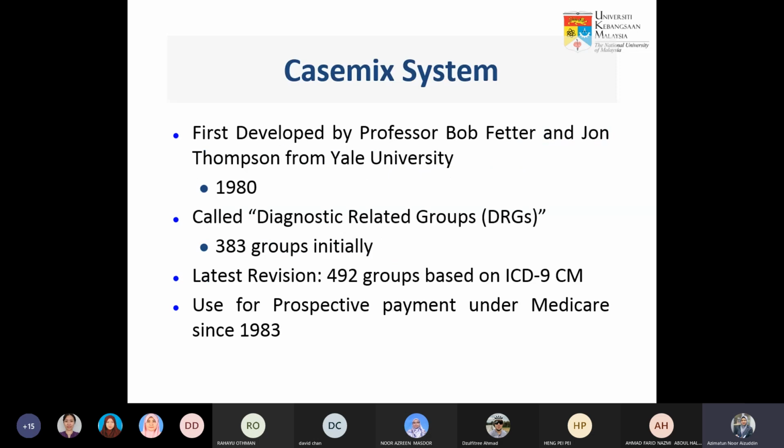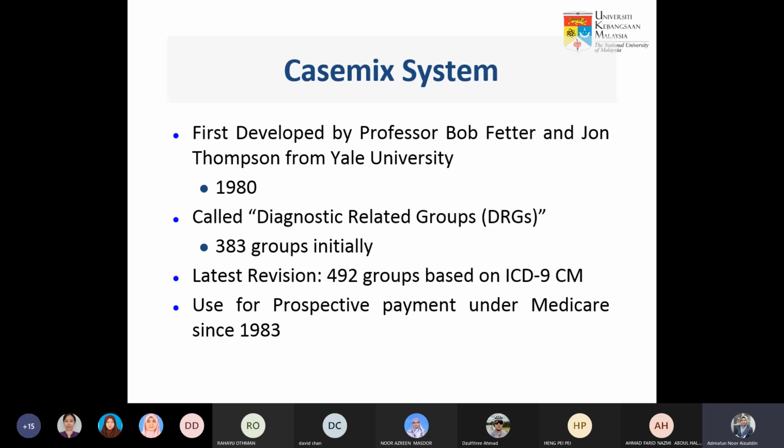The Casemix system was first developed by Professor Bob Fetter and John Thompson from Yale University in 1980. That was a long time ago. During that time it was called Diagnostic Related Groups, or DRGs, and until now it is still called DRGs. Professor Bob Fetter and John Thompson started with 383 groups of DRGs to classify the patients.